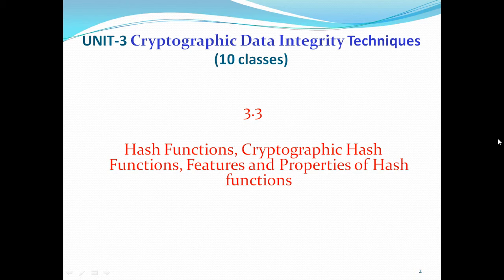Here in cryptography it is a little bit different. It is used for security and authentication purposes. It is a part of public key cryptography. So how do we generate a hash from the given text?